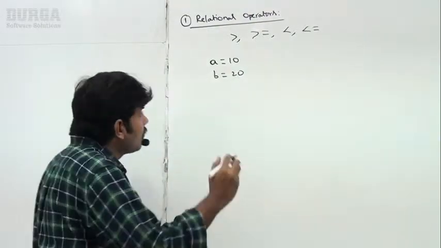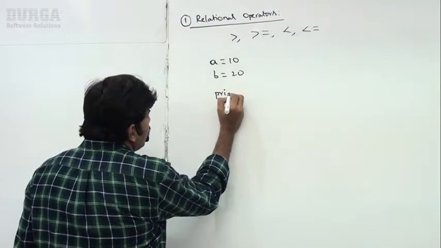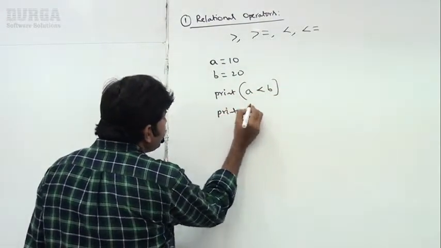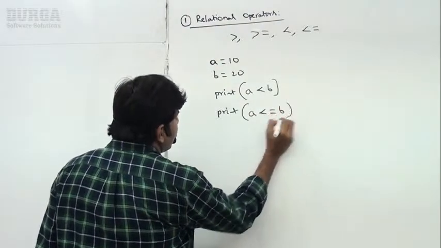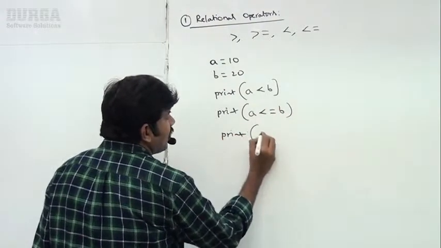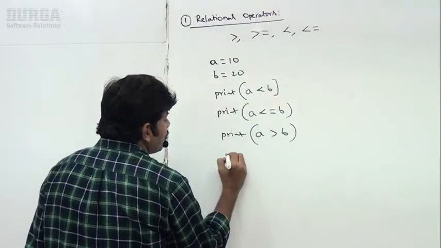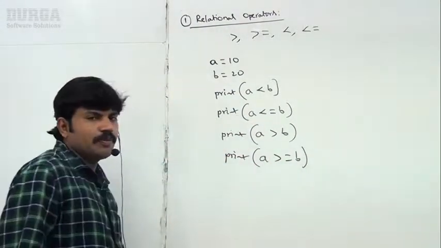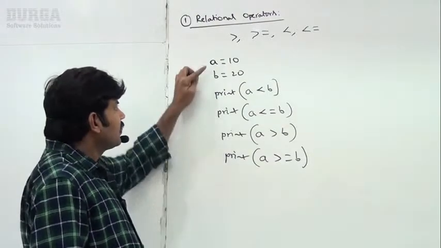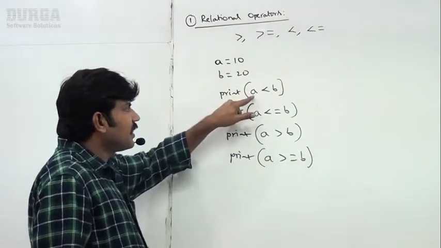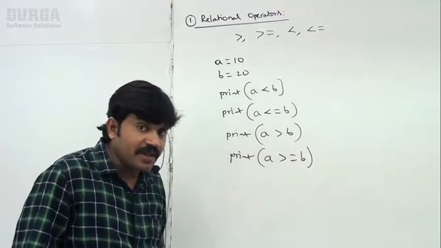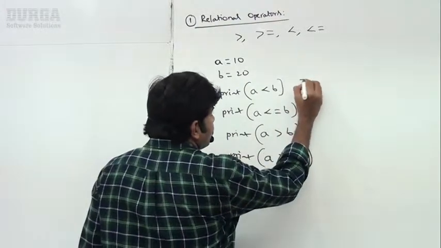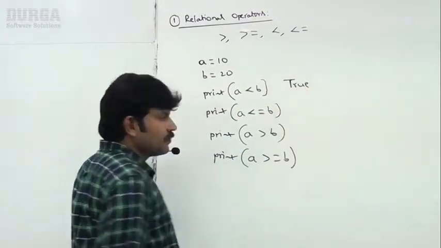Here observe: print A less than B, print A less than or equal to B, print A greater than B, print A greater than or equal to B. Can you tell what answer we are going to get? A is 10, B is 20. 10 less than 20, is it valid or not? Yes, valid. The result is true.